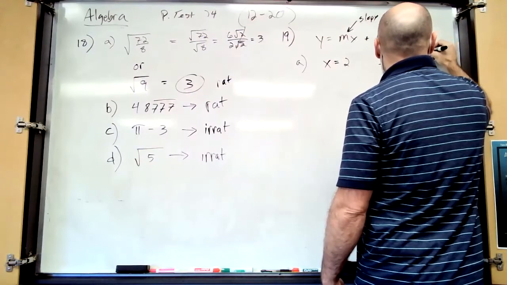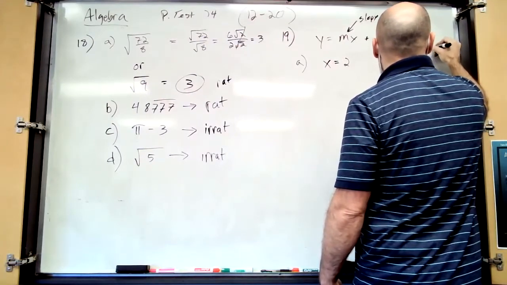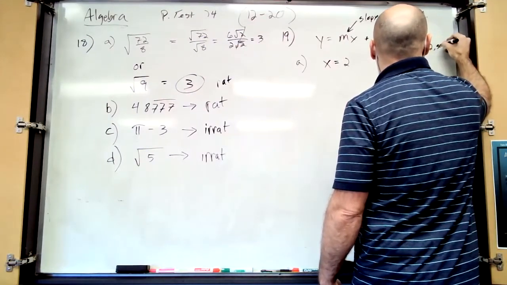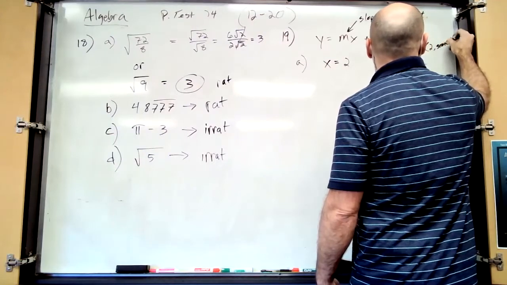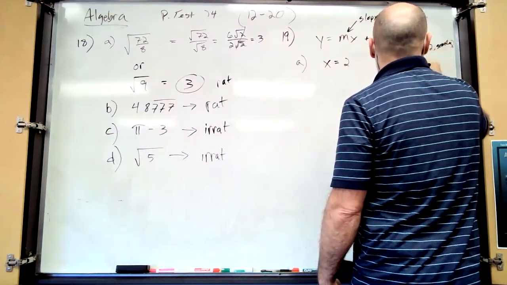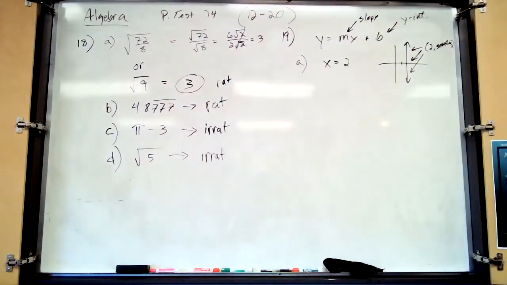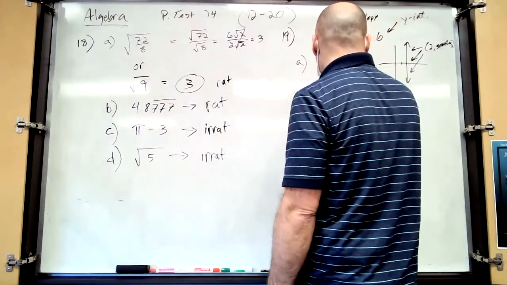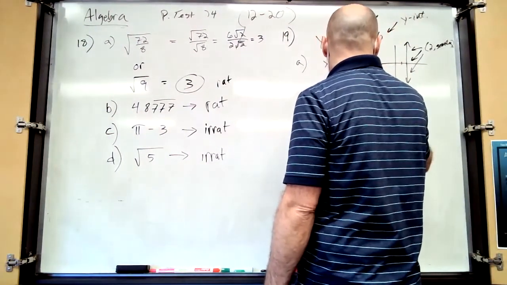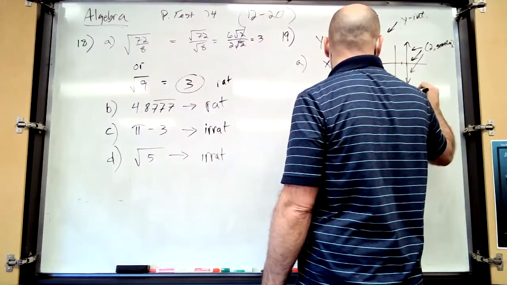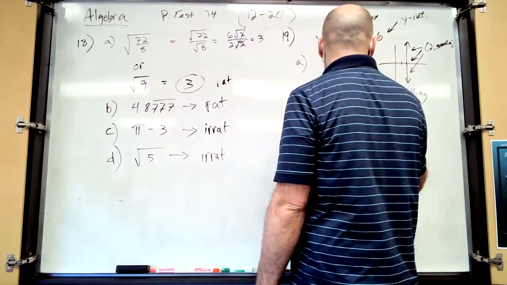Everywhere on this line is 2 something. So every point on this line is 2 comma something, right? 2, 0, 2, 1, 2, 2, 2, 3. So that's another way to remember this. Anytime you see a vertical line, you can write this down if you need to, vertical line, X equals something.